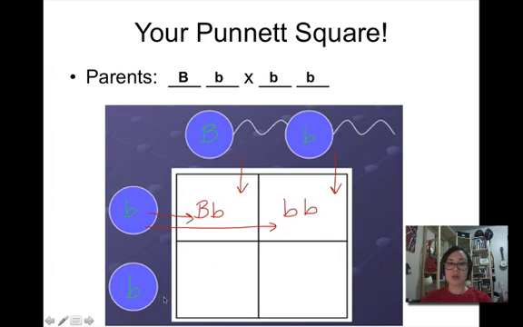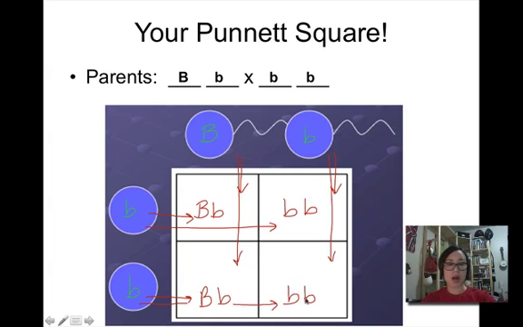I'm going to do it again for my next quadrant, bring in my alleles that are on the top and the bottom. Again, I'm going to put my capital letter first, my lowercase letter second, and then I have one more cross to do, and in my last cross, I'm going to do the exact same thing. Bring in whatever's on the side, little b, and whatever's on top, little b.